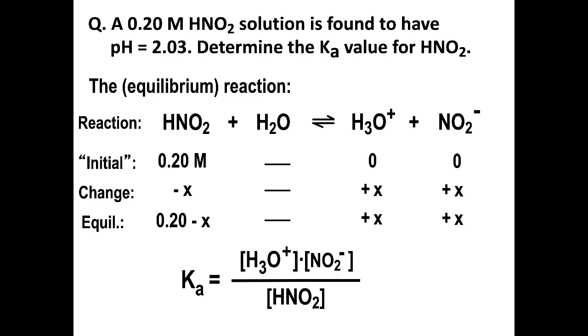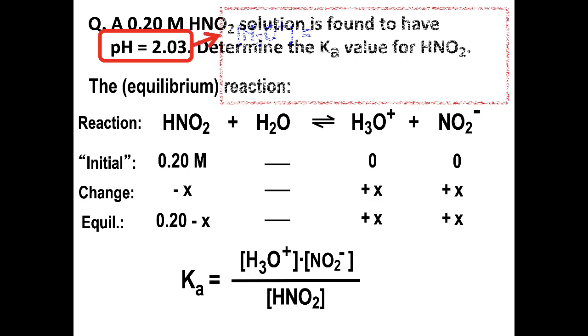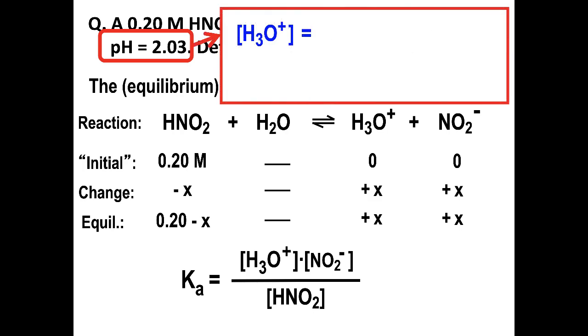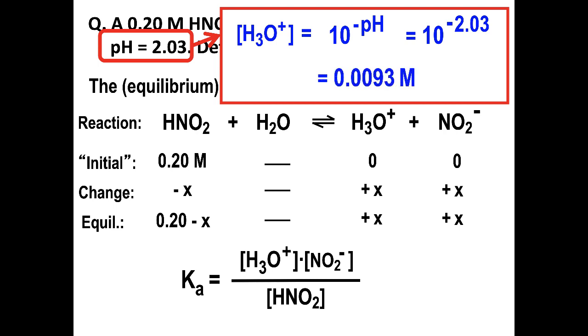How we get this is by using the pH value. As seen previously, pH equals negative log of H3O+ concentration. Therefore, H3O+ concentration is 10 to the minus pH. If we plug in 10 to the minus our measured pH of 2.03, that gives us 0.0093 molar for our H3O+ concentration.